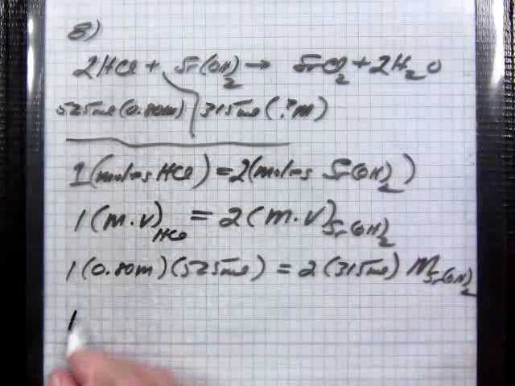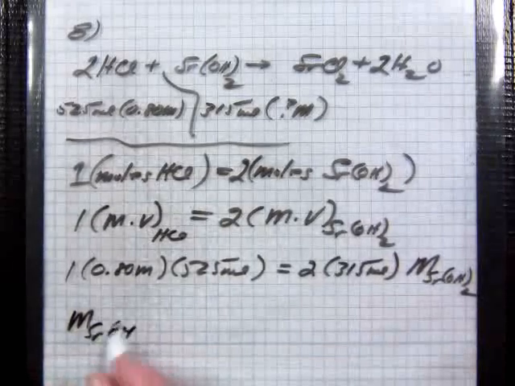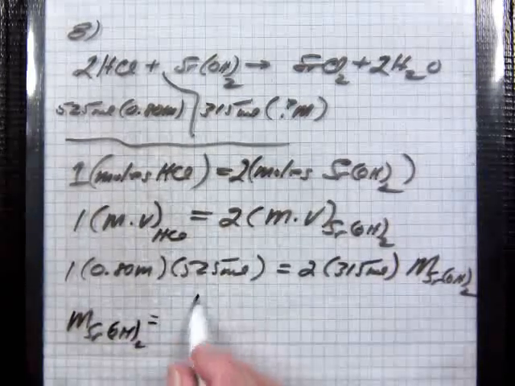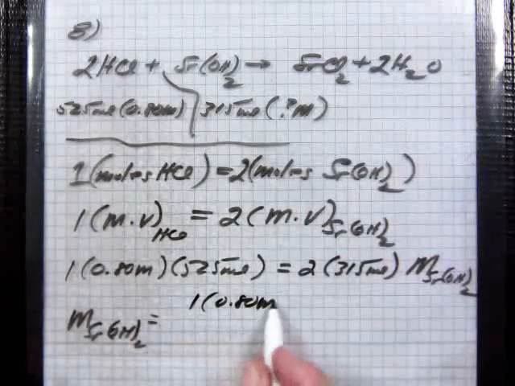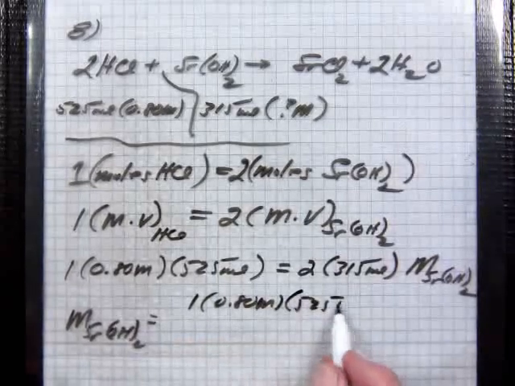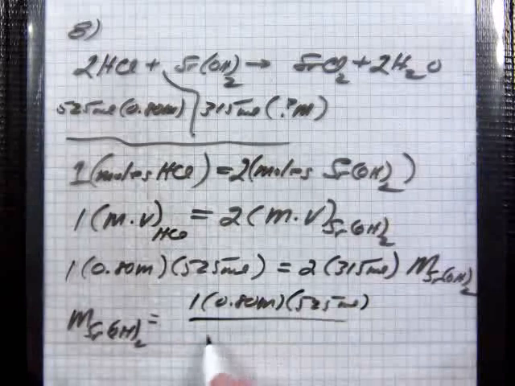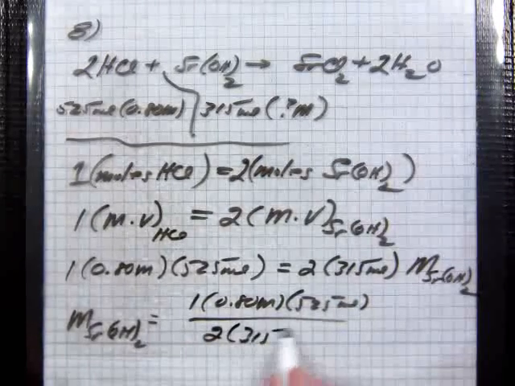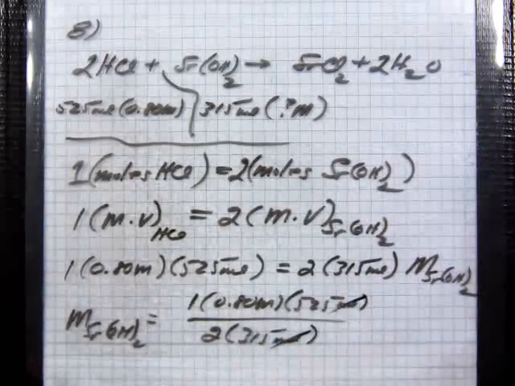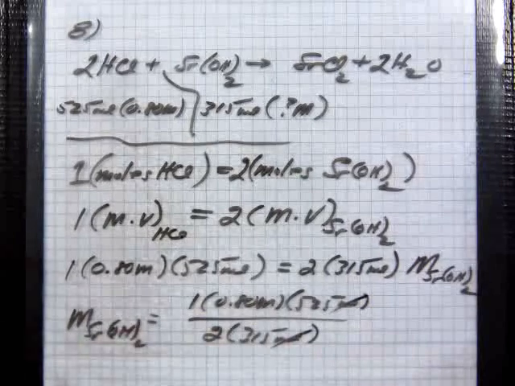So now the molarity of the strontium hydroxide solution is 1 times 0.80 molar times 525 milliliters, divided by 2 times 315 milliliters. The milliliters drop out, and we're left with molarity.